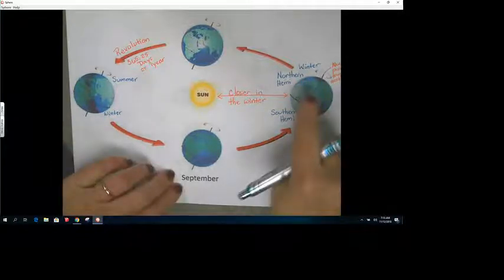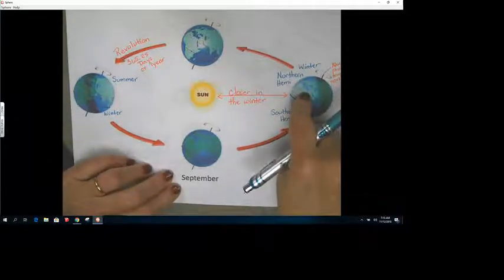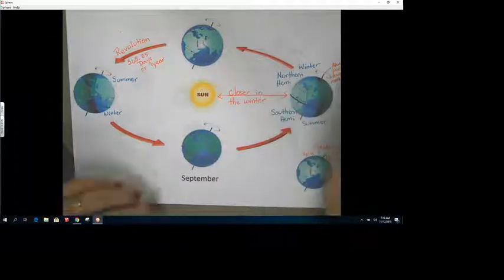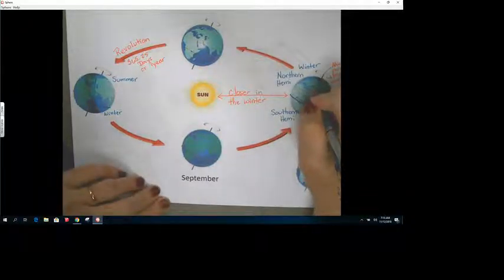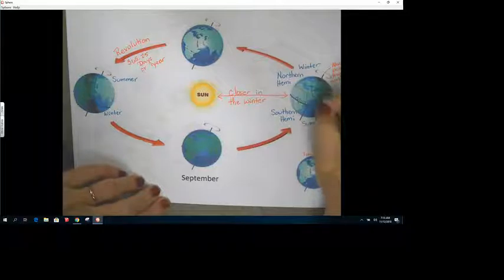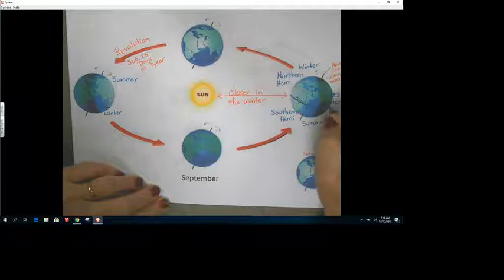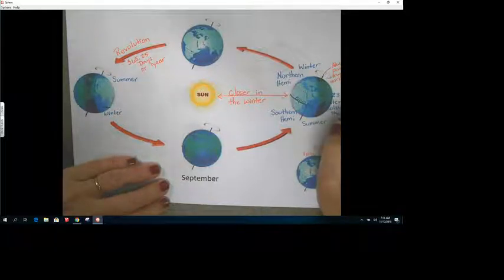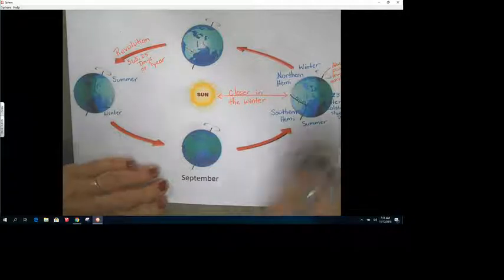So if this is winter, we celebrate winter in December. Remember that December 21st through the 23rd, depending upon the calendar year, is called the winter solstice. And the winter solstice is the shortest day.